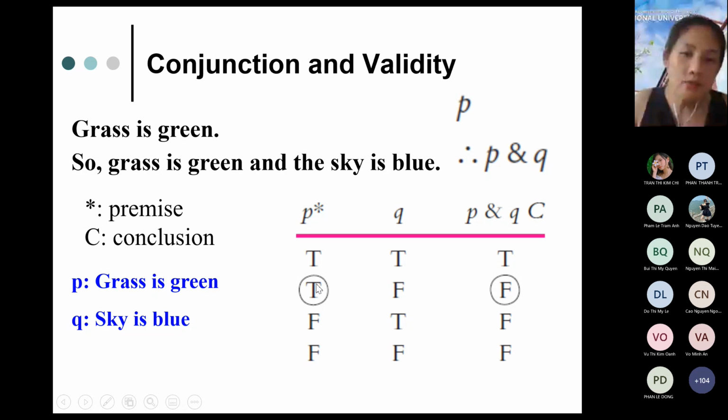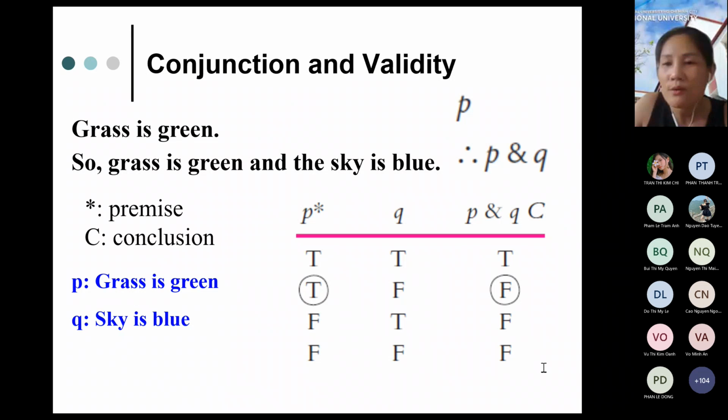But the second row also has a true premise, but the conclusion is false. This is what the validity rule says: if you can find a row where the premise is true but the conclusion is false, then your argument is invalid. Very good, invalid.